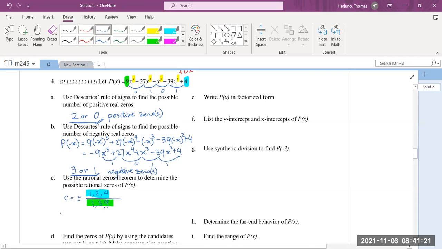Okay, so the possible rational zeros are plus or minus 1, plus or minus 2, plus or minus 4, plus or minus 1/3, plus or minus 2/3, plus or minus 4/3, plus or minus 1/9, plus or minus 2/9, plus or minus 4/9. Okay, that's the possible rational zeros.